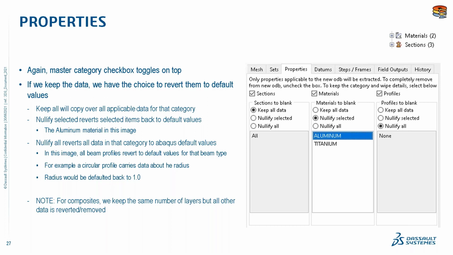So all of the information that you've got in there is defaulted back to the original data instead of maintaining the information that was there for the actual analysis. And so I can do that to specific ones, or I can do that to all of them. So for the aluminum, it will just get rid of all of the extended information, and I'll essentially have an empty container there.